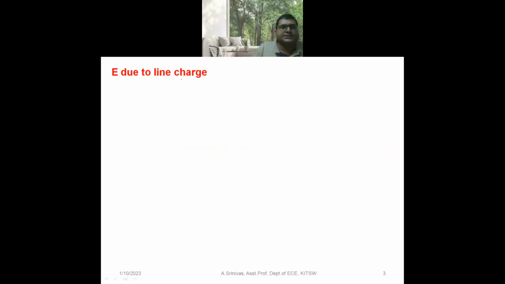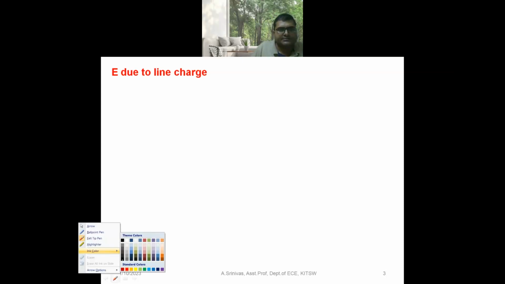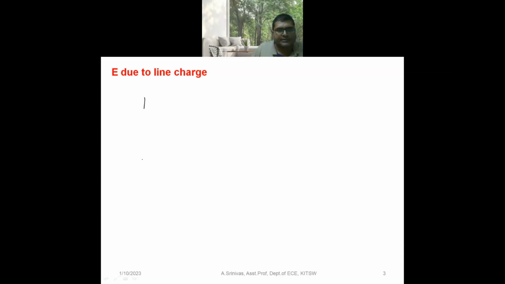Electric field due to line charge. Consider the Cartesian coordinate system, X, y, and z.